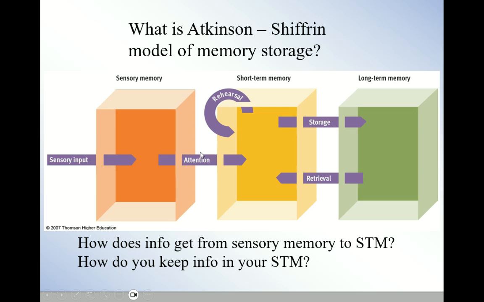If you're not paying attention, then it's not going to go into short-term memory. For example, have you ever heard a squirrel bark? Well, you may not have been paying attention, so you never encoded that information. It never got into your short-term memory. Or how about this? You're on your phone during class and you start tuning out your teacher, so what your teacher is teaching you does not get into your short-term memory.